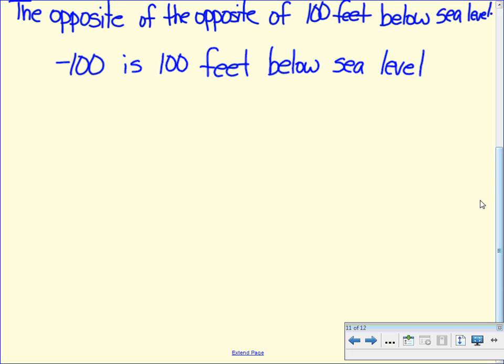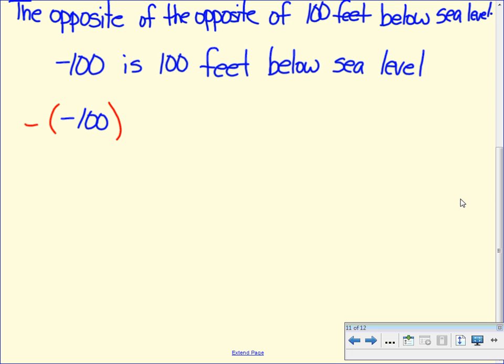So far, so good? So now let's start finding our opposites. The number that I have right now is negative 100. That's the number that I have. What I want to do is find the opposite of that number.